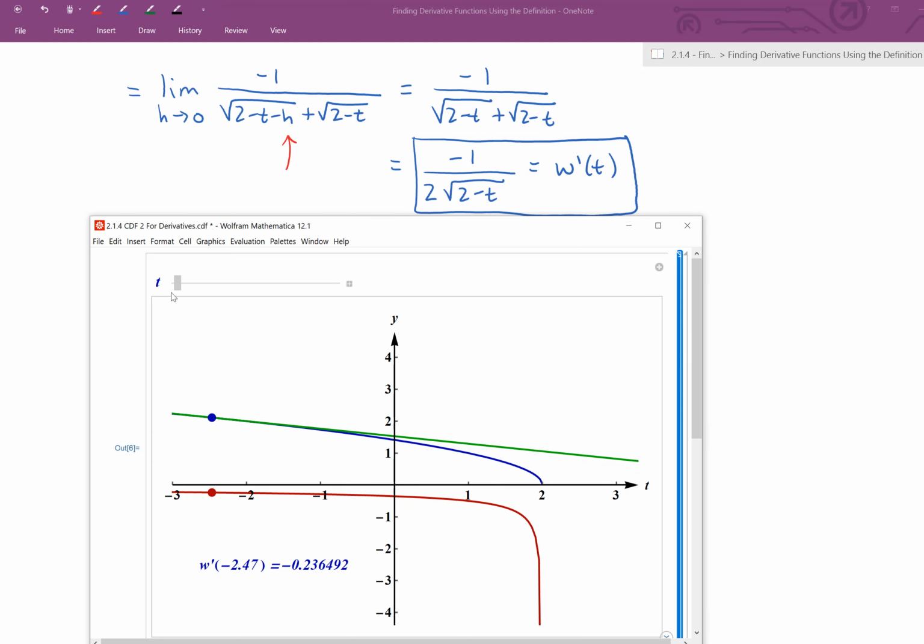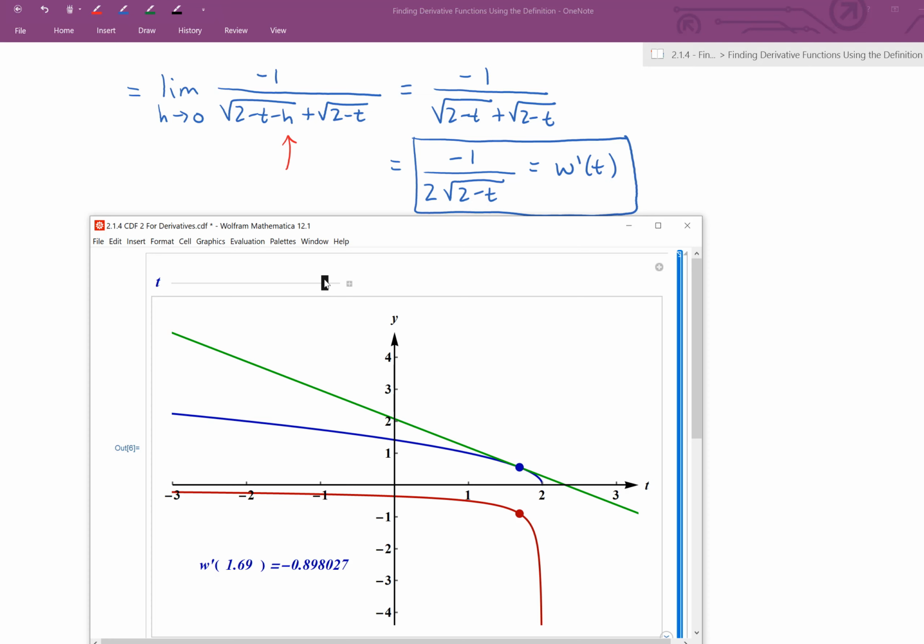So as I move over here, we can see negative slope, and it's not very steep, right? As I move along, I actually start getting a little steeper. And then as I get close to 2 here, because of course 2 is the end of the domain for the function square root of 2 minus t. This function's not defined to the right of 2, at least for real value outputs.